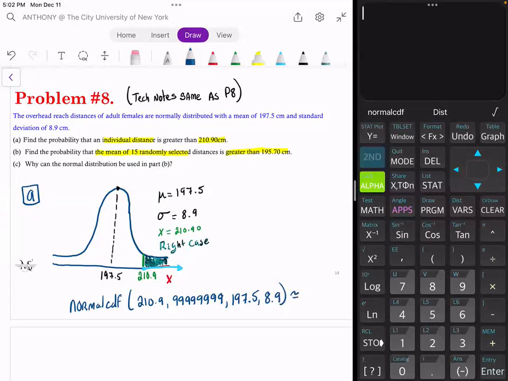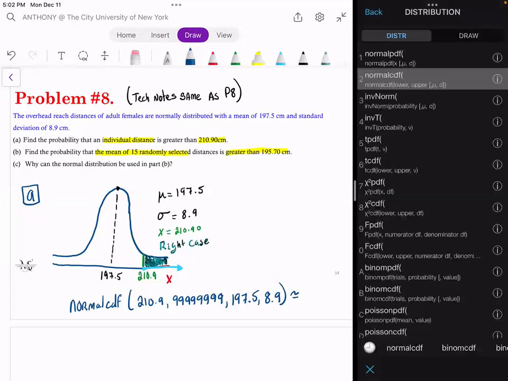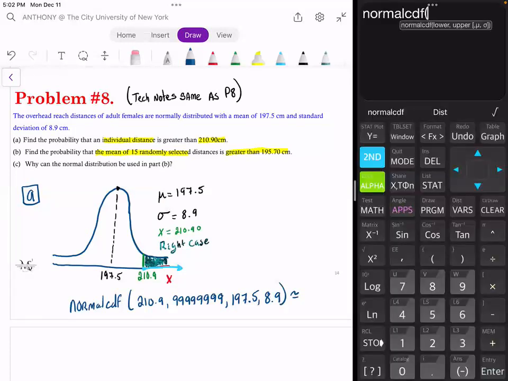So this would be second bars, normal CDF, 210.9, comma, repeating nines, 197.5, comma, 8.9, close parentheses.